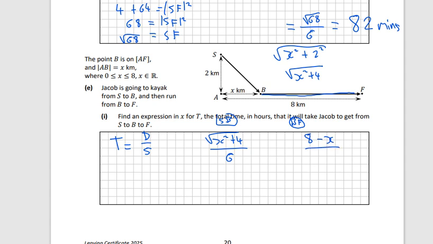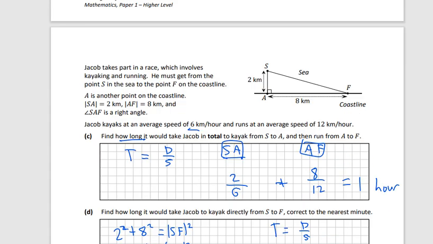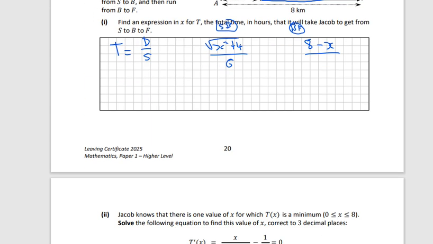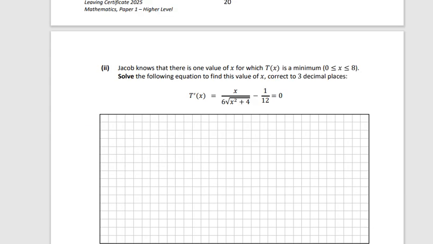And the speed, because he's running still, is 12. So that's it, and then you're just adding those two things together. That's an expression in x for the time it'll take him to kayak and run those two.